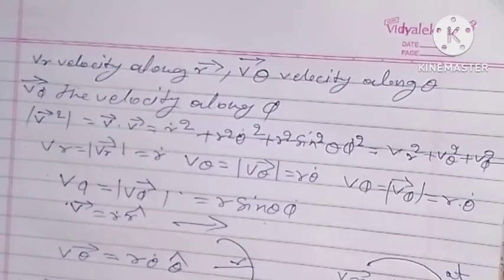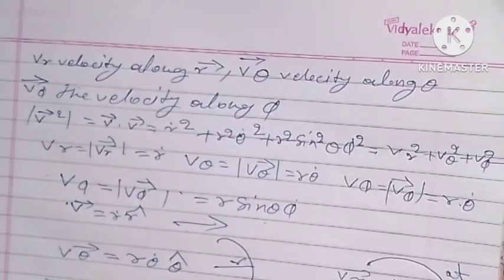A unit vector in the direction r sin theta is denoted by unit vector rho.